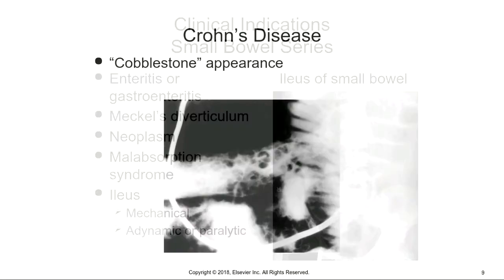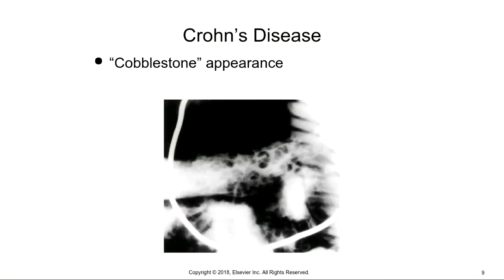All right, let's look at regional enteritis or Crohn's disease. This is actually Crohn's disease, where on the radiograph, segments of the lumen are narrowed and irregular. They tend to have a cobblestone appearance.